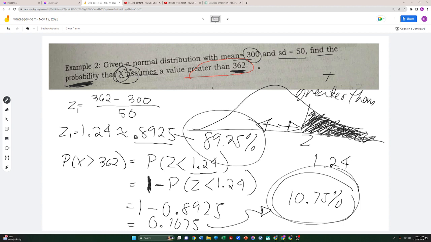So ang the rest na mas dako pa sa 362 is 10.75%. So the probability that x assumes a value greater than 362, given the normal distribution with the mean of 300 and a standard deviation of 50, is approximately 10.75%. So, ing-ana lang pag-interpret. Okay? Nag-gets ka? So, ang pag-answer. So, another example here.